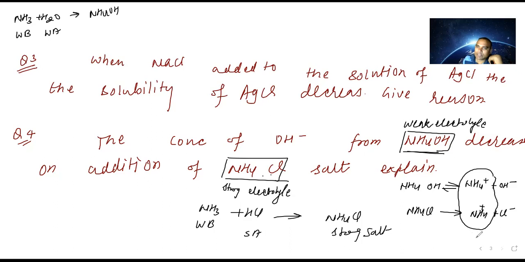According to Le Chatelier's principle, the reversible equilibrium will shift in the backward direction. NH4 plus and OH minus will combine so that it goes back, meaning OH minus concentration is going to decrease. Yes or no? Yeah. Okay, can I erase this? Yes. Okay, let's have a look at the next one.